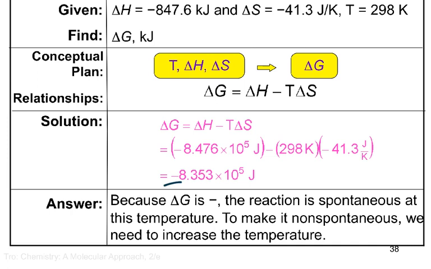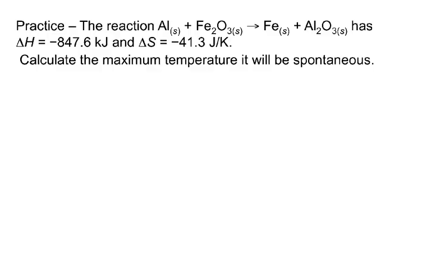Big negative number. If you wanted to make it non-spontaneous, you would need to increase the temperature by quite a bit. Let's figure out how much. So calculate the maximum temperature that this reaction will be spontaneous. So I want to figure out where my delta G goes from a negative number to a positive number. So I'm going to set my delta G equal to 0 because that's where it's going to make the change.